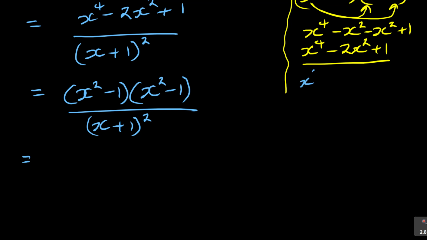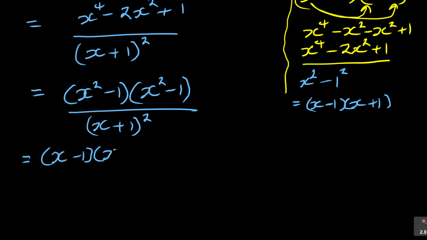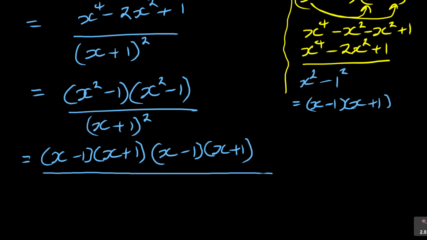Guys, x squared minus 1 is the same as x squared minus 1 squared. Difference of 2 squares there. Are you seeing that? This is x minus 1, x plus 1. Okay, so it's a difference of 2 squares, which is x minus 1, x plus 1. That's the first one. You go to the second one again, x minus 1, x plus 1. See that? And then all over, then you've got x plus 1 squared.